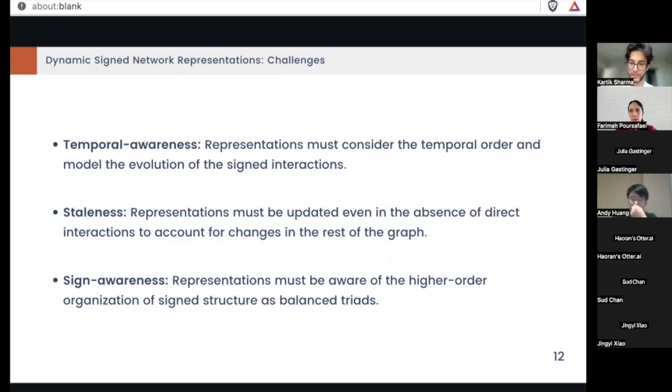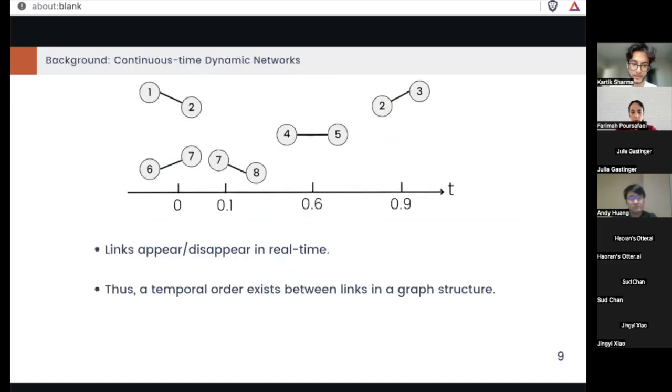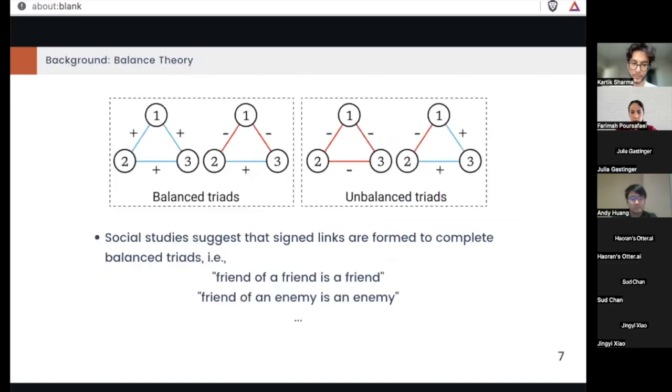So this is not associated with what I mean by an indirect interaction or this higher order organization, because that higher order organization is not really an interaction, but more like an observation, or a prior if you want to call it, that networks tend to be formed like this.